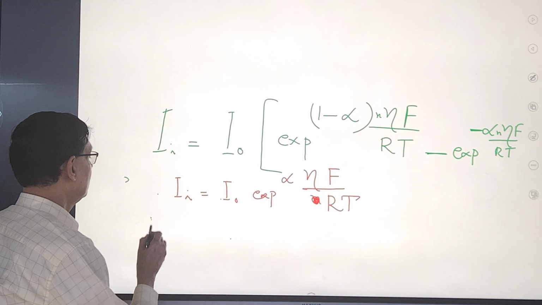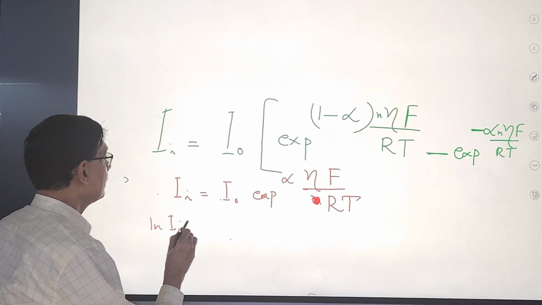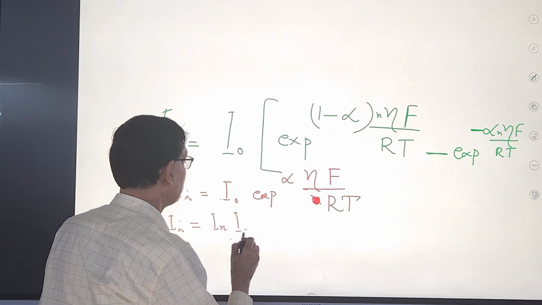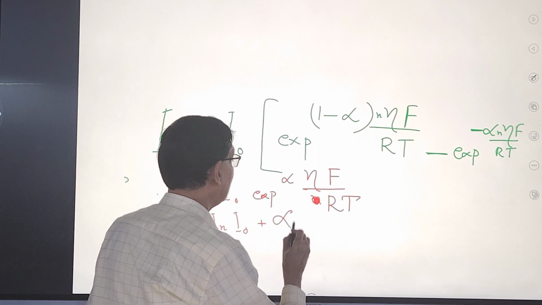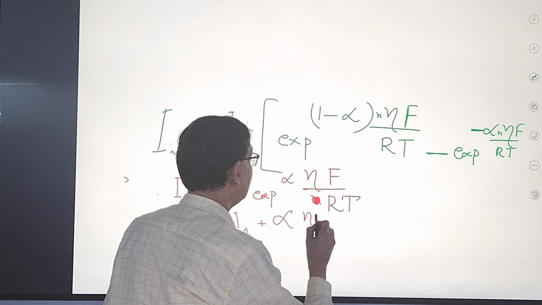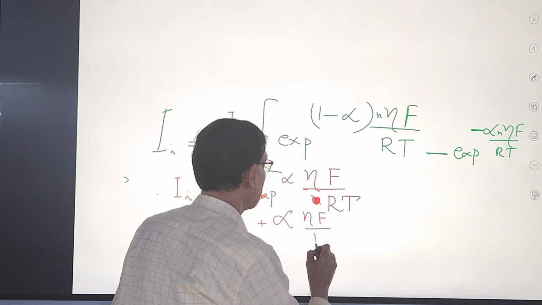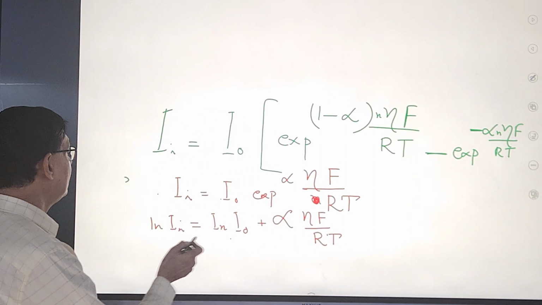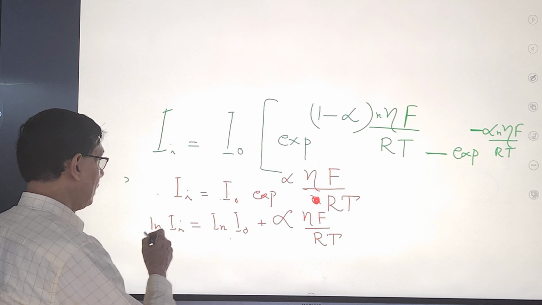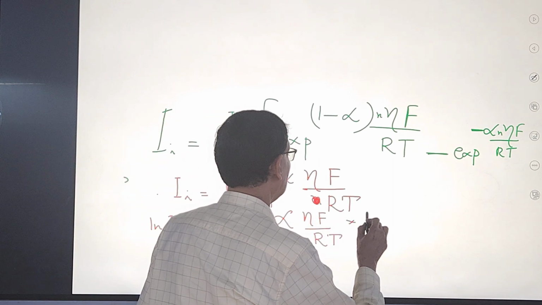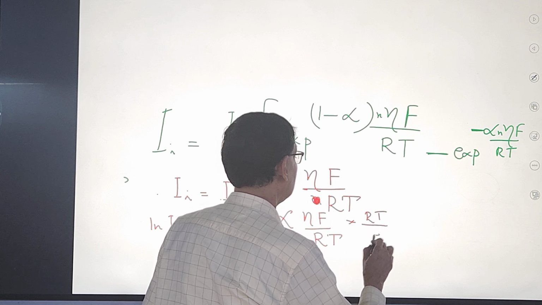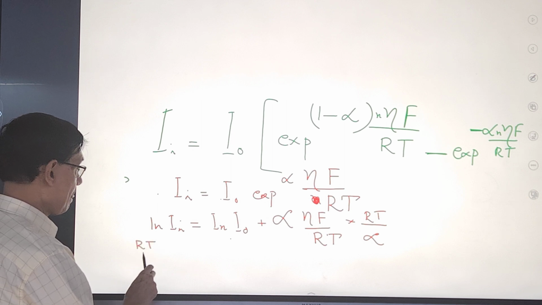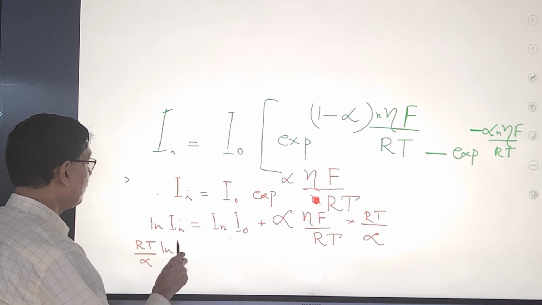So what I do, plus alpha F by RT. Here I need a relationship between this eta and, so what I can do, if I multiply with RT and alpha, okay, so I will get RT alpha natural log of I.